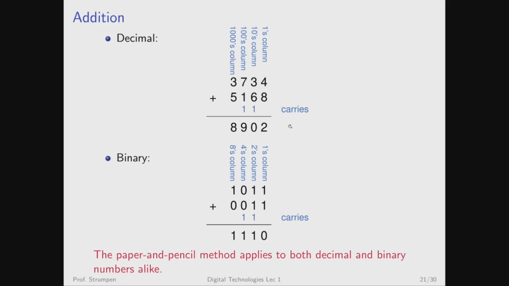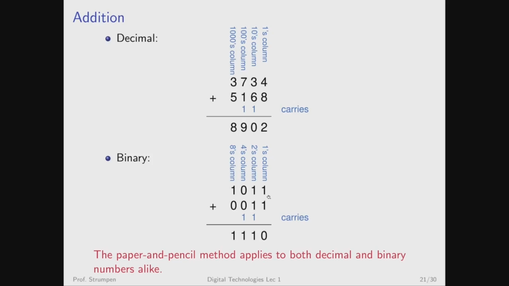We do exactly the same thing in binary, right? Except that the values of the columns are now the powers of 2. We align the two numbers that we want to add, 1011 and 11, in the ones column. Just to be rigorous, I zero extend, I prepend leading zeros to the 11, so I have something to add in the 4's and the 8's column.